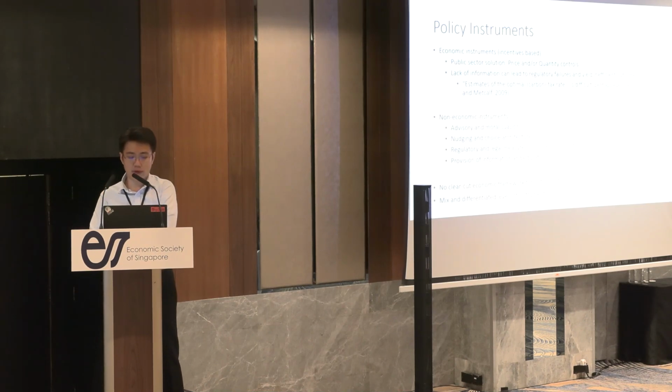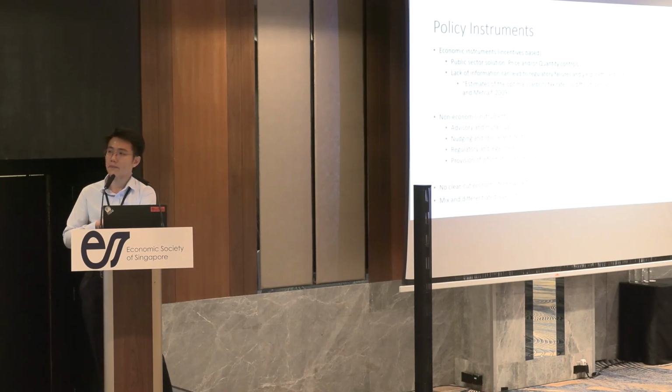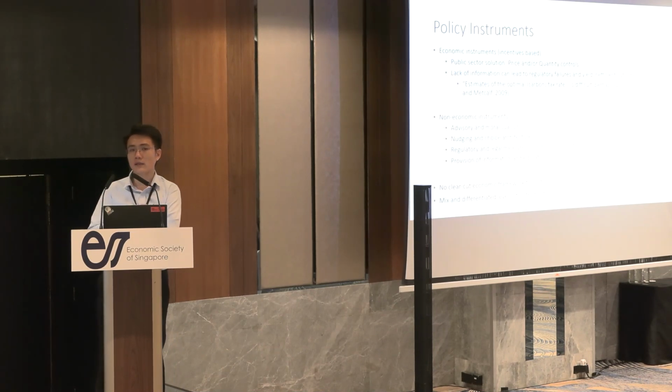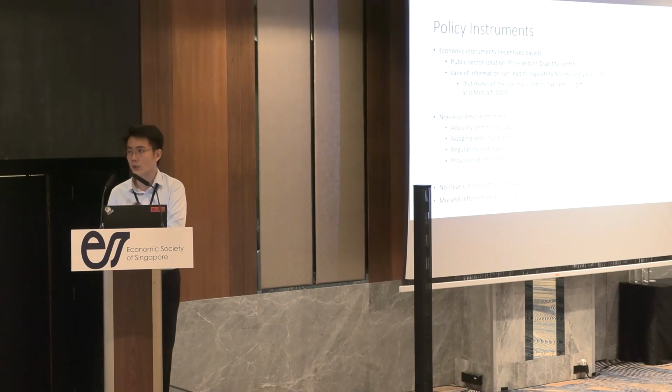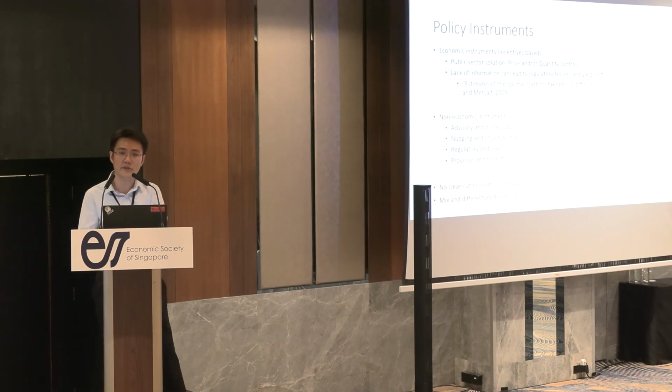Other examples of when we use command and control is when the social costs are too high. For example, we can't tax illicit drugs, because illicit drugs are extremely harmful to society, so we have to put a ban on them. We can tax cigarettes.